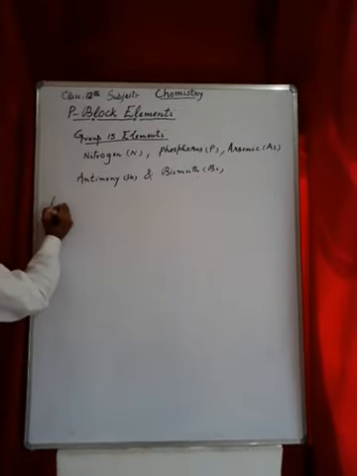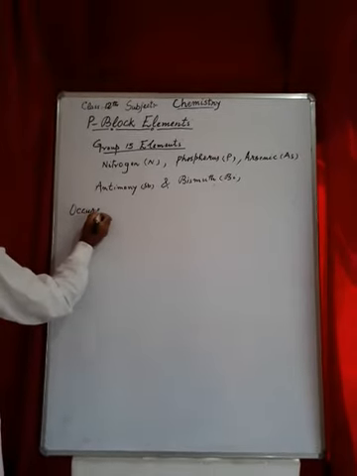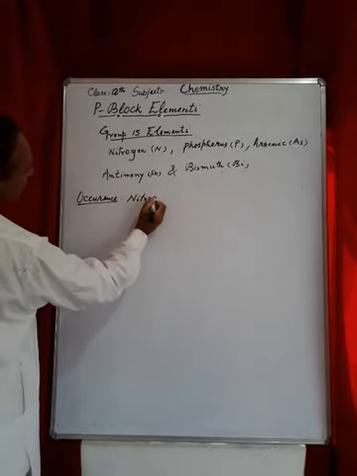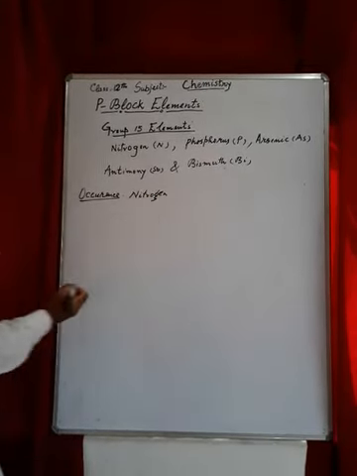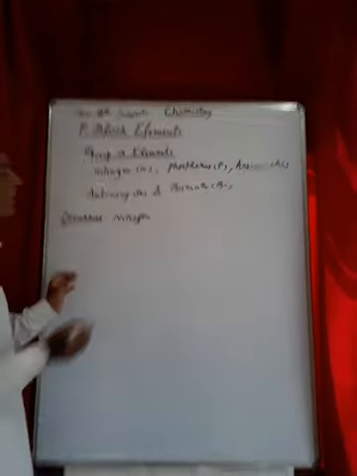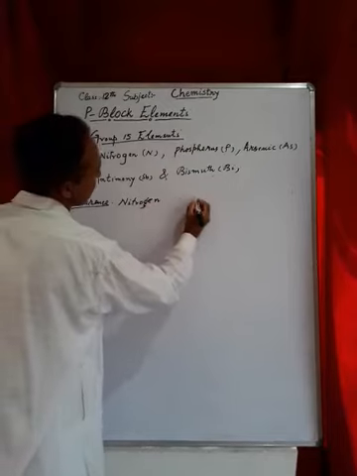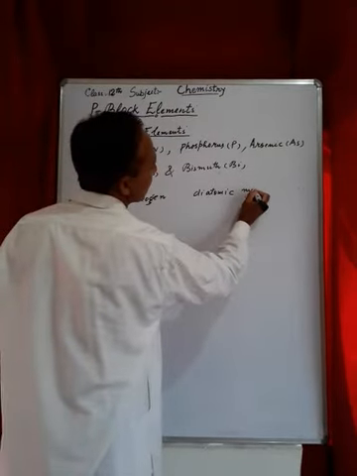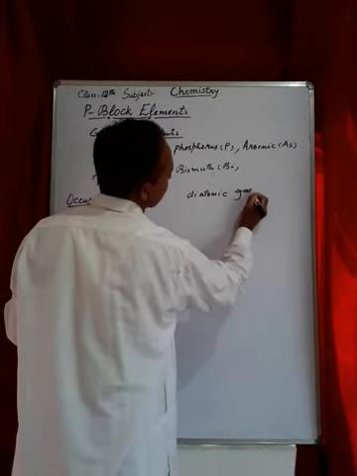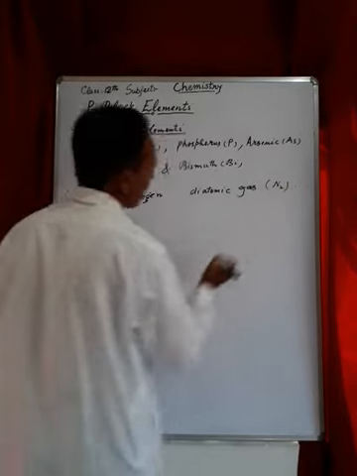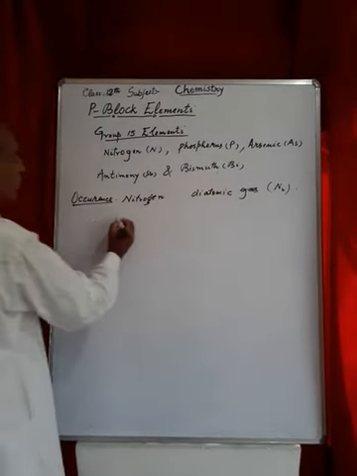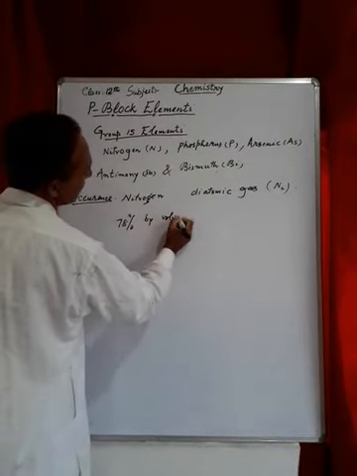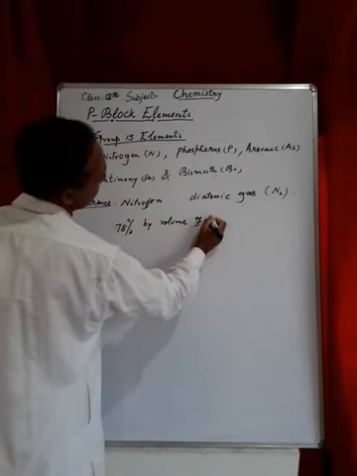Now, occurrence. First, nitrogen. The first element, nitrogen, exists as a diatomic molecule, a diatomic gas. It constitutes 78% by volume of the atmosphere.